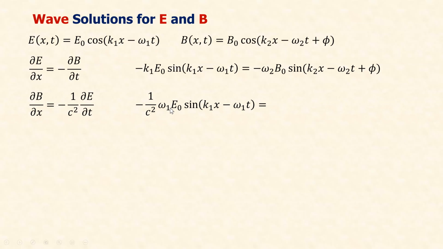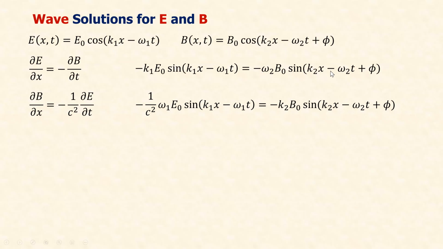And omega 1 E naught sine of (K1X minus omega 1T), and 1 over C squared. And then the other side gives you the derivative with respect to X of this one. So that gives you negative K2 B naught sine of whatever is here, right? Okay, so you see these have to be satisfied.